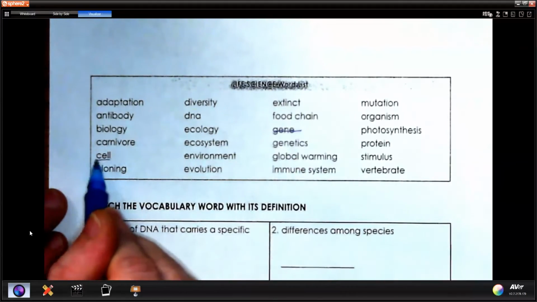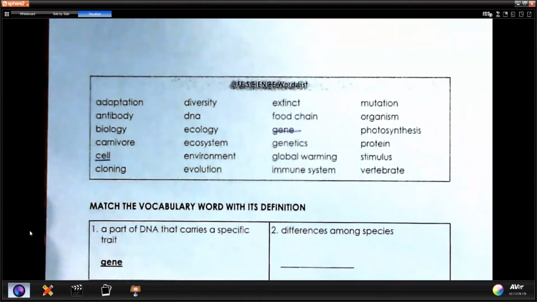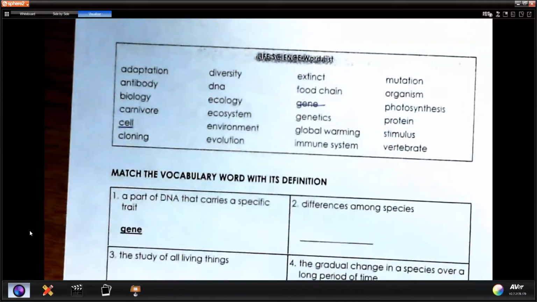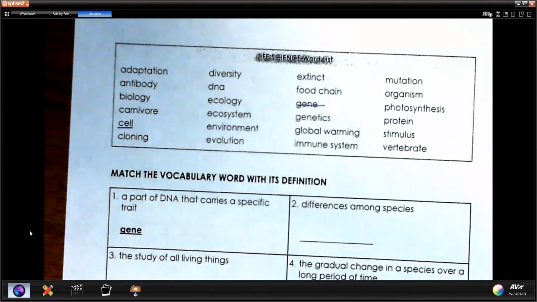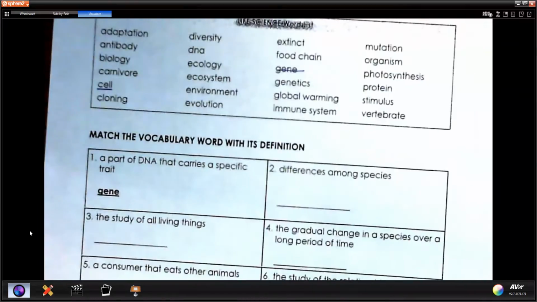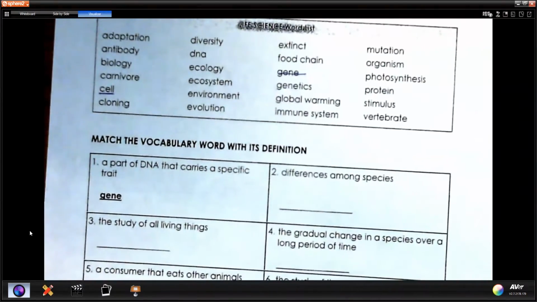Well, this was on our first warm-up question, right? Cell. Who remembers that definition of cell we were talking about? Well, if you remember at the beginning of class, a cell is the smallest unit of life to carry out activity, right?